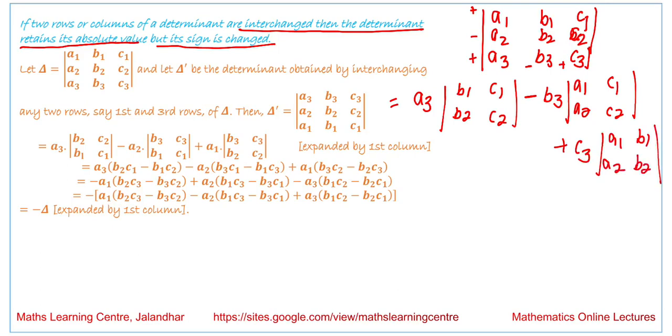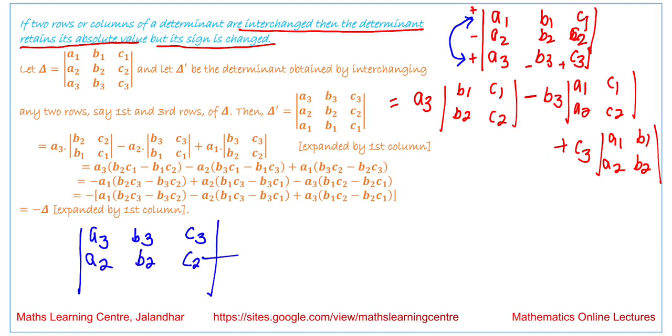Now suppose we have interchanged the first and the third row. Then the determinant will become a3, b3, c3, then a2, b2, c2 as it is, and the first row and third row are interchanged, so this becomes a1, b1 and c1.